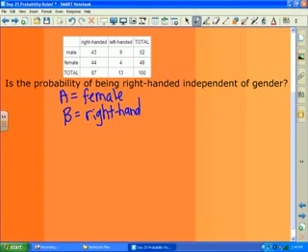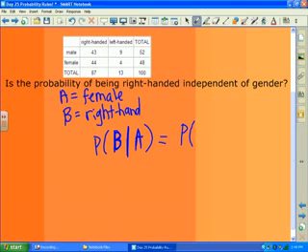So it's saying, tell me if it's independent of gender. That would mean, is the probability of being right-handed, given that you are a female, what? Probability that you are right-handed if you are a female. If gender doesn't matter, it should be the same probability as just being, in general, right-handed.